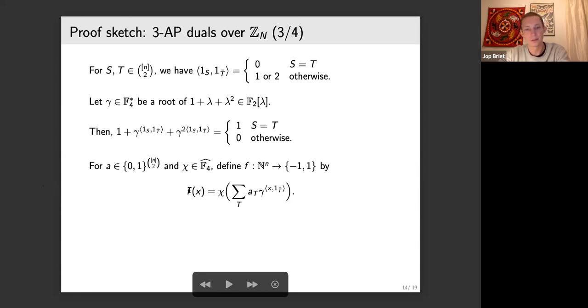These functions have an extremely nice property, which is that if you look at their product with themselves evaluated at 3-term arithmetic progressions, whose direction is the indicator of a 2-element subset S, well, then this product can be simplified by using the fact that we're using additive characters here.